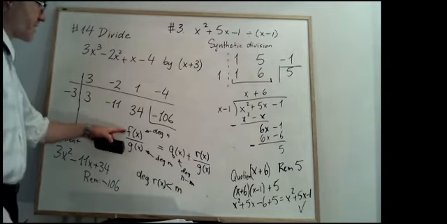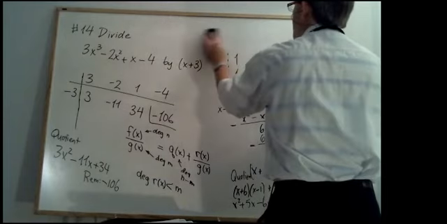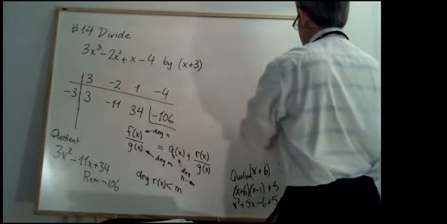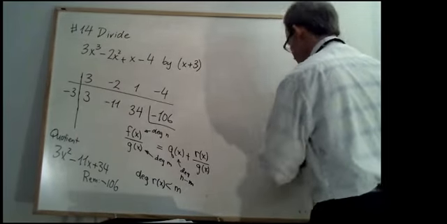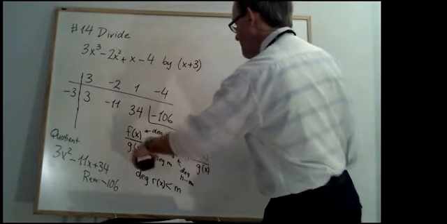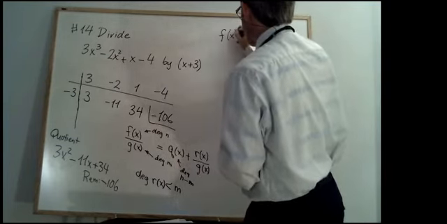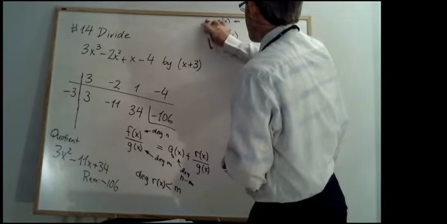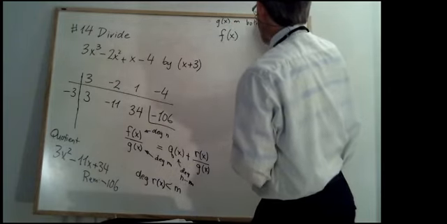So now let's look at this expression here. This expression is equivalent to, if you multiply both sides by g of x, so it's multiply by g of x on both sides.